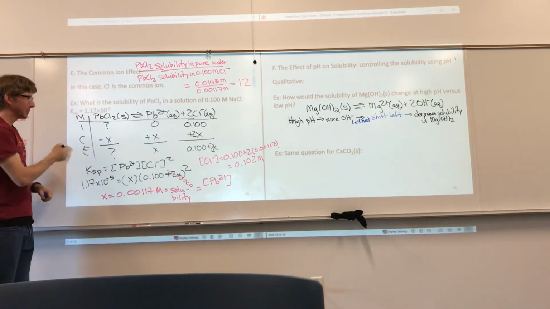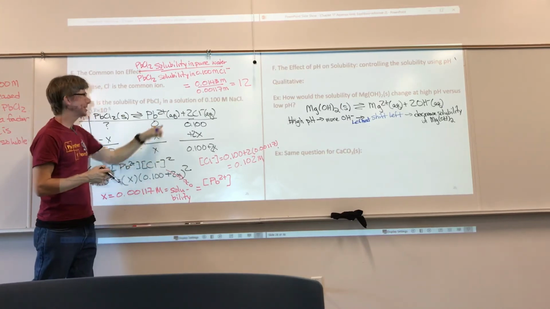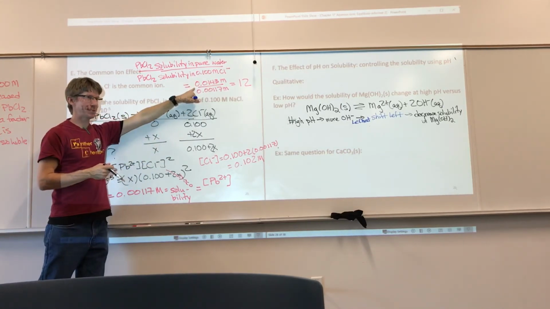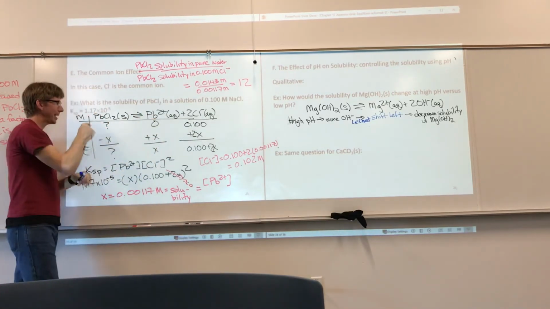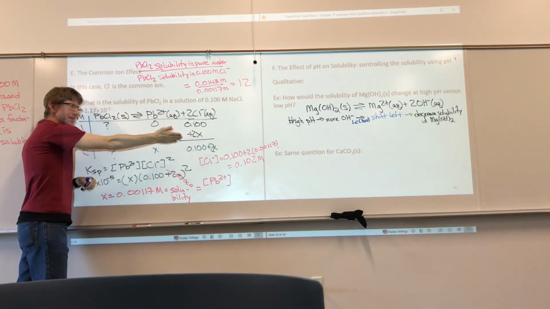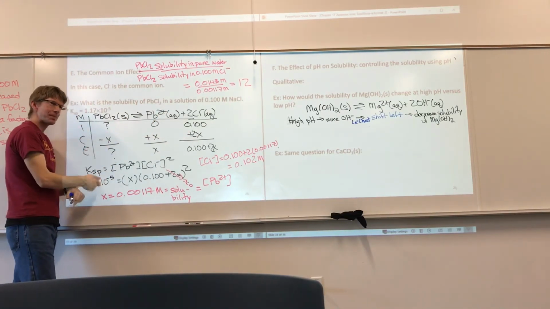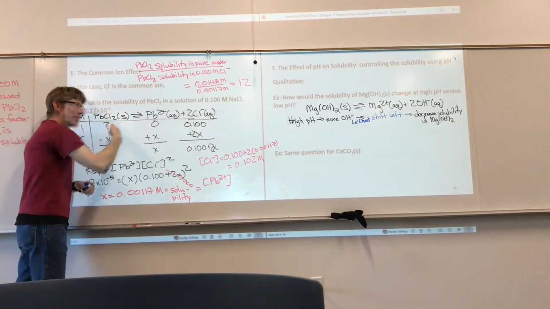And I solved it, and I said that the concentration here was 0.0143. And when I did that, there were zeros here, and I went to the right. And then for this problem, I went back to the beginning of the reaction, didn't I? Because then I went to the right again.